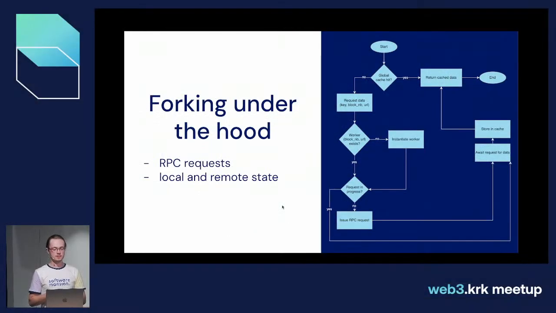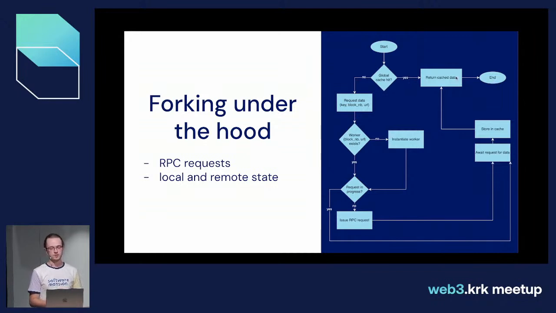And what does forking do under the hood? There are RPC requests to full nodes and local and remote state. So let's go through the diagram. Firstly, we have to check if we cached those calls, because if we cached them, it will be much faster, because calls to RPC nodes are slow.